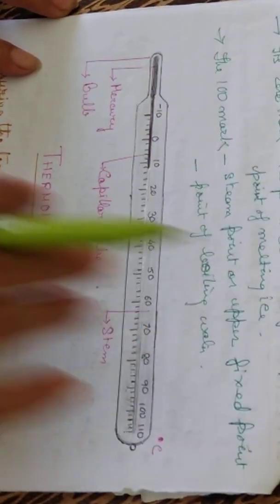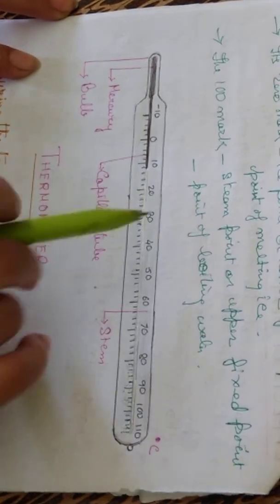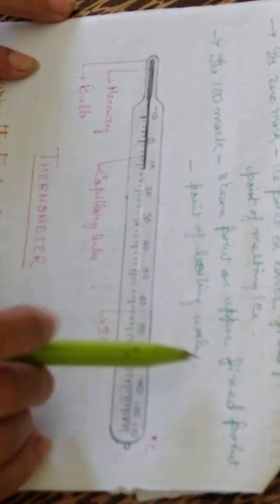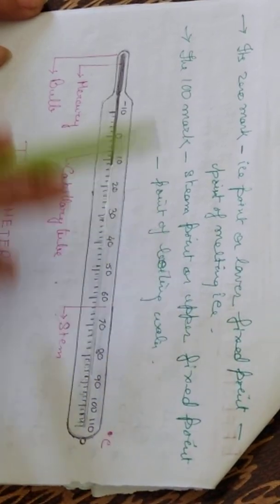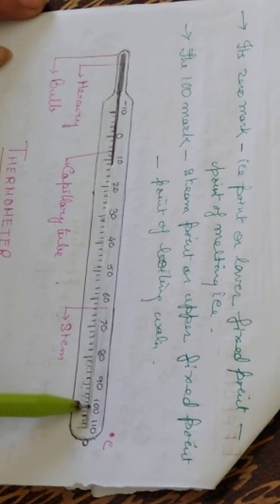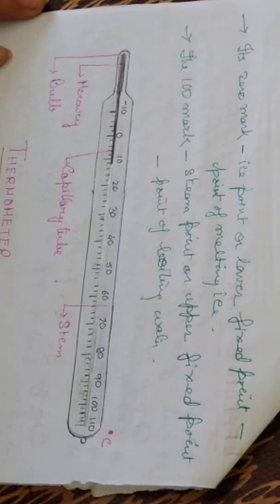Now its 0 mark is the ice point or the lower fixed point, the point of melting ice. And the 100 mark is the steam point or upper fixed point, the point of boiling water.